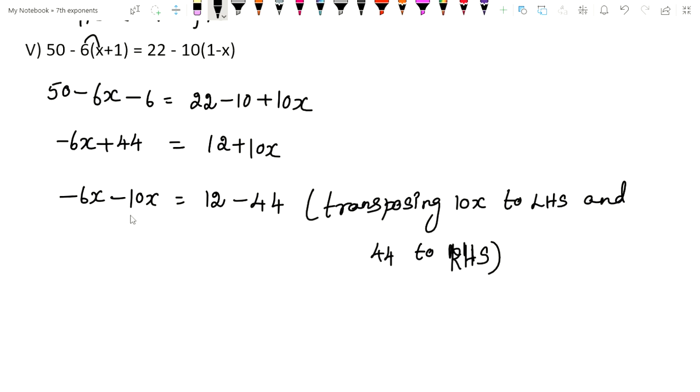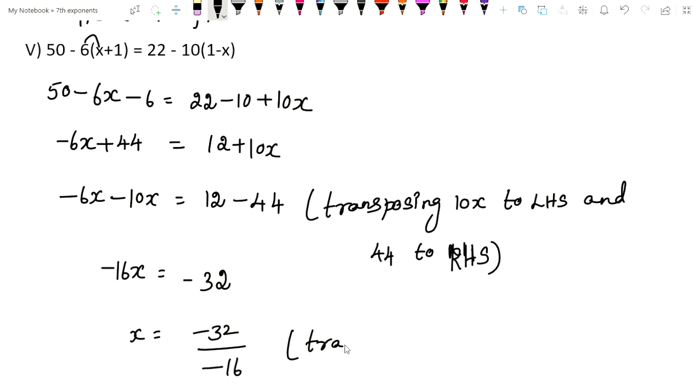So minus 6x minus 10x, what you will get children? Minus 16x equal to 12 minus 44. What you will get? 4 minus 2, 2. 4 minus 1, 3. Minus 32. Okay. Now x equal to minus 32 divided by minus 16.